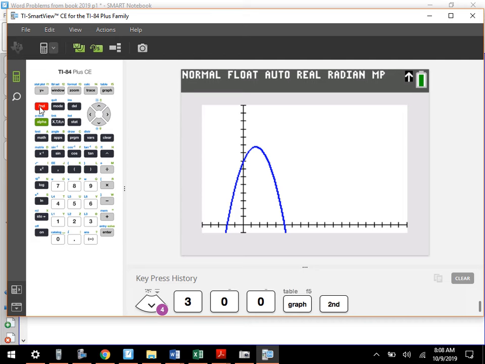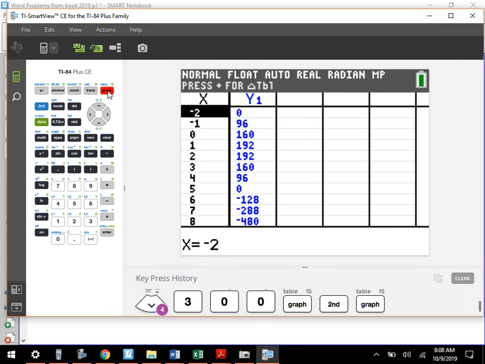Now, in our tables, if you hit second table, if it happens to be an integer value, you should get 0 for y somewhere. In this case, we got 0 for y at 5. So if it appears as though it's crossing at a clean number, it takes 2 seconds to check your table.